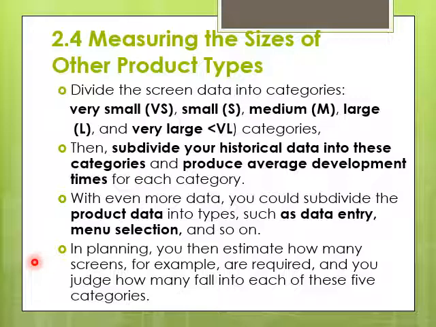You can use the same approach with any other such measures. To see how to estimate size and use size data in this way, you can refer to the Discipline for Software Engineering book, chapters 4 and 5, by Humphrey.